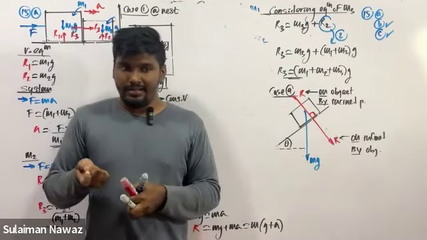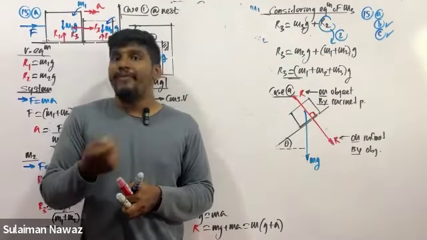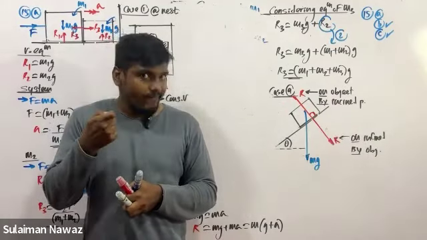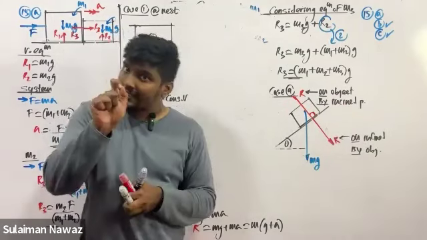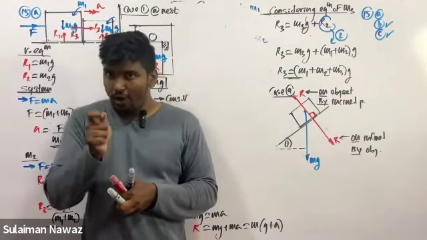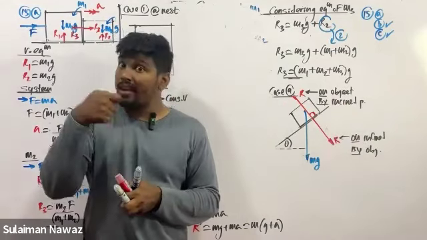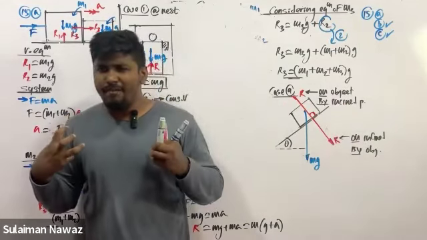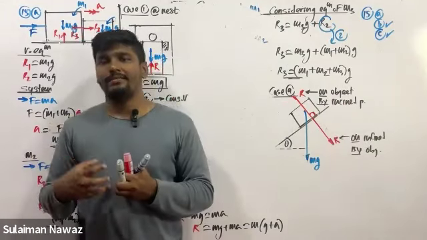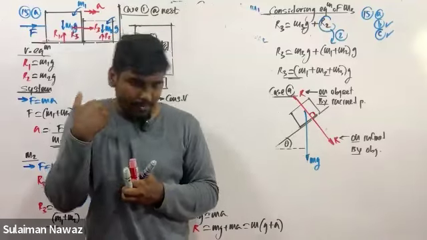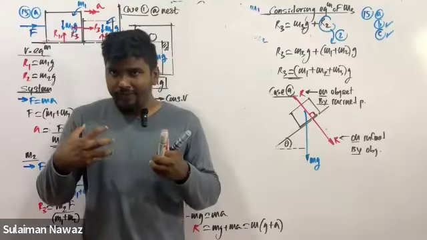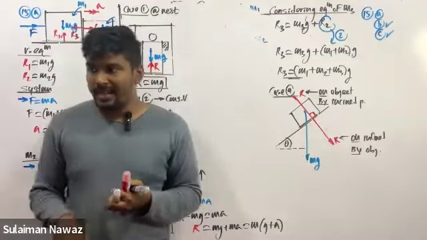The reason you feel your weight, your heaviness, is the normal reaction force acting on you. If the normal reaction force is larger, you feel your body has so much weight. When the normal reaction force is lower, you feel your body is light. That's the idea.